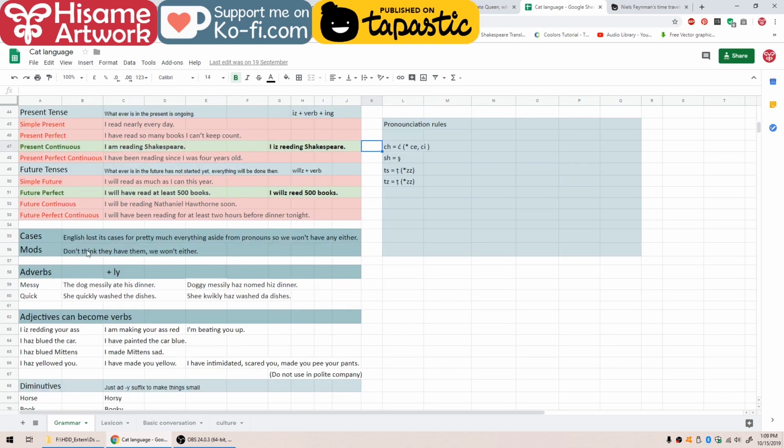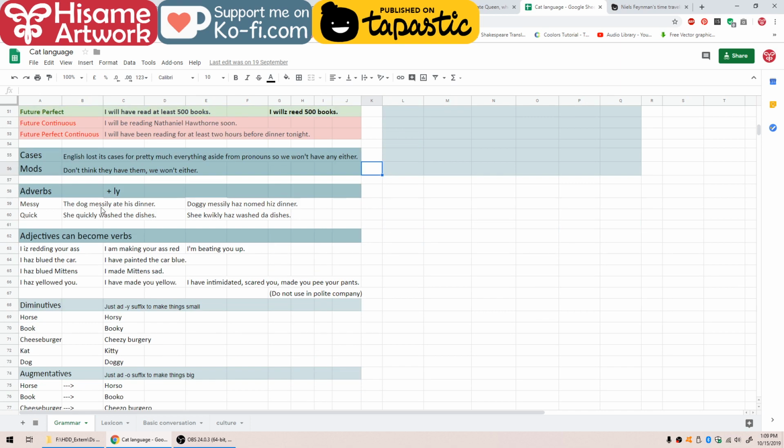So there are no cases and moods in English, fortunately. My native language is a Latin language, and there's so much complication in there. I'm glad I'm using English as a base for my language, because there's just so much stuff missing and it's a lot easier.